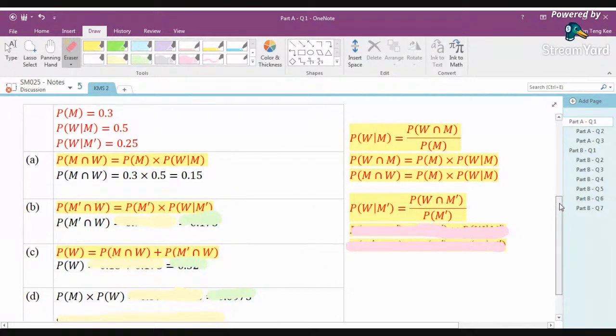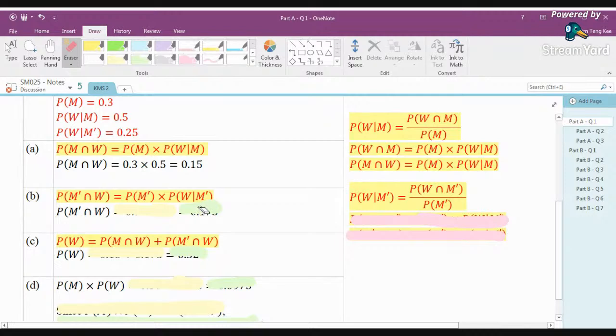Next, for question B, we are going to do a similar thing where we make use of another conditional probability that is given in the question. In this case, another conditional probability given to us is this one.